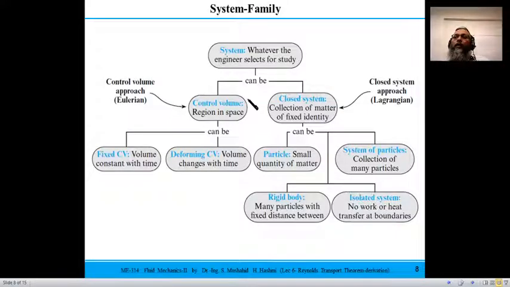And if the system is a fixed mass system, we can think of the same matter or same entity. That entity could be a small quantity of matter, which we call a particle approach, or we could have a collection of particles.